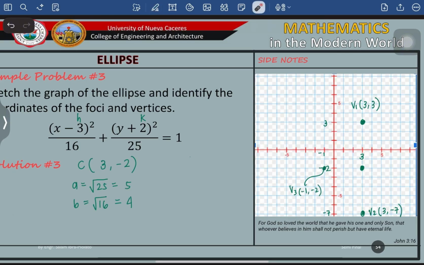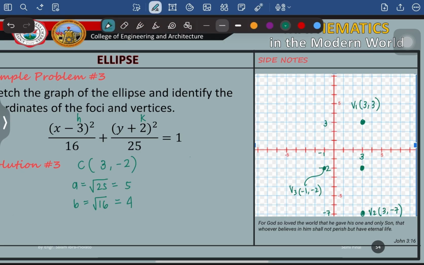Then for the last vertex of minor axis, 1, 2, 3, 4, it is located here at positive 6. Therefore, the vertex is V4, 6, -2.